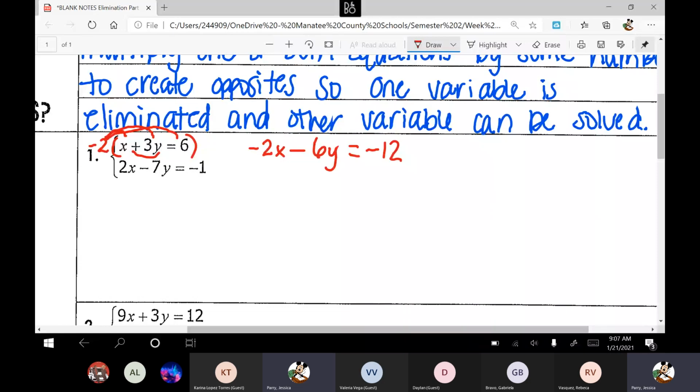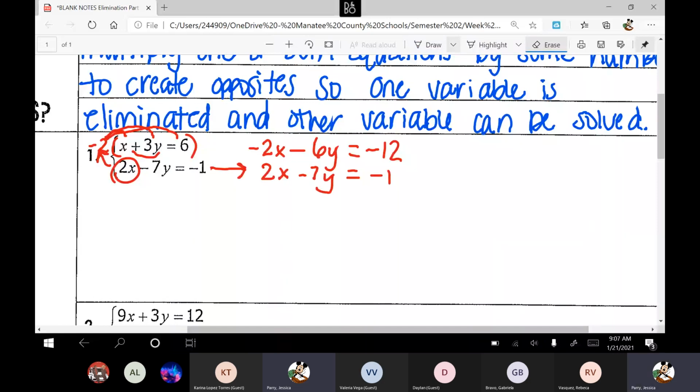Okay, so we just distributed, we multiplied that entire equation by the opposite coefficient of the variable we're going to eliminate. We multiplied by the opposite of +2, which was -2. Okay, so I'm going to rewrite that second equation next to it underneath 2x. I'm rewriting this one. 2x minus 7y equals -1.